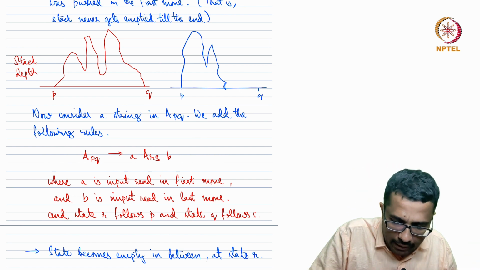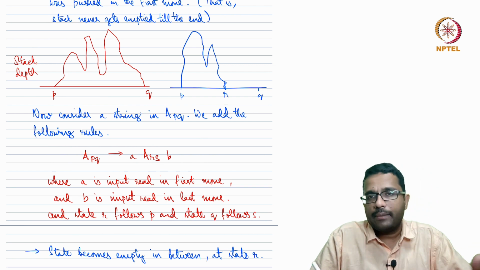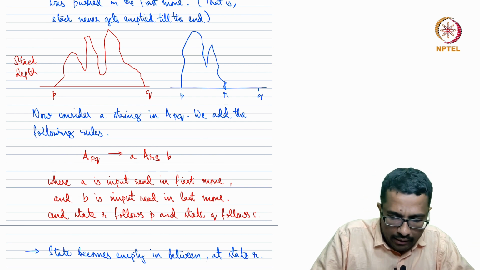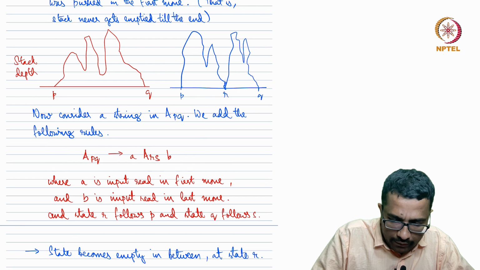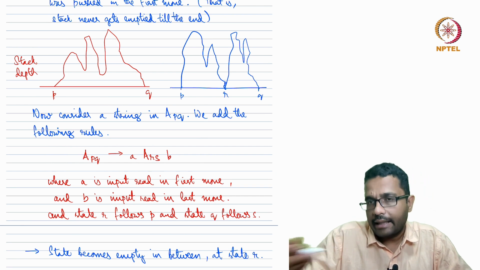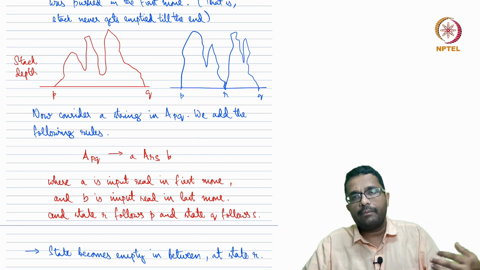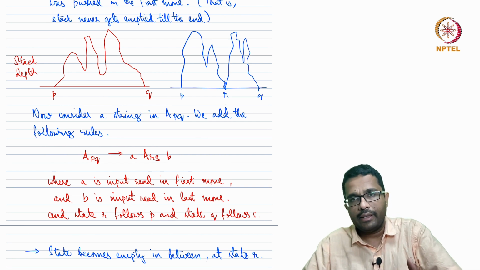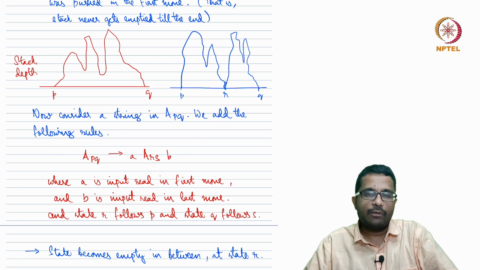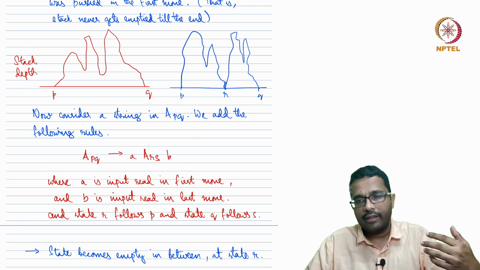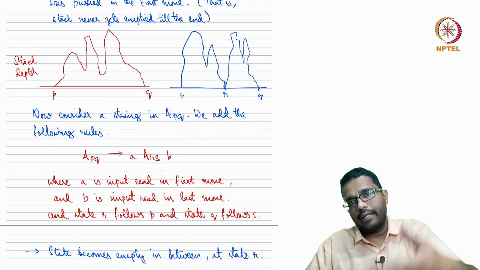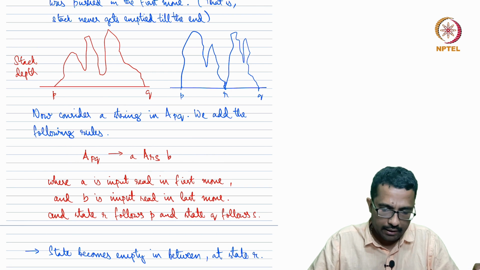Let's say at that time we were in some state R, and then again you do something, and finally the stack again becomes empty, which means the first symbol that we put was removed in the middle, and then again some things got put, and even those things got removed. That's why you moved from empty to empty and again to empty. So these are the two possibilities.